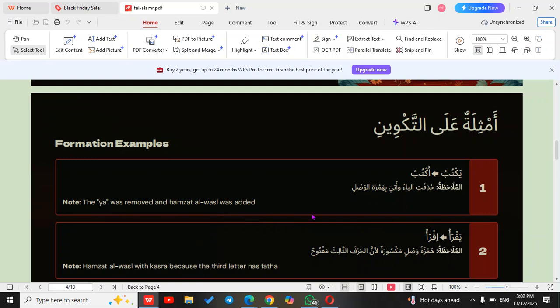Now فهذه أمثلة على التكوين. So these are formation examples.